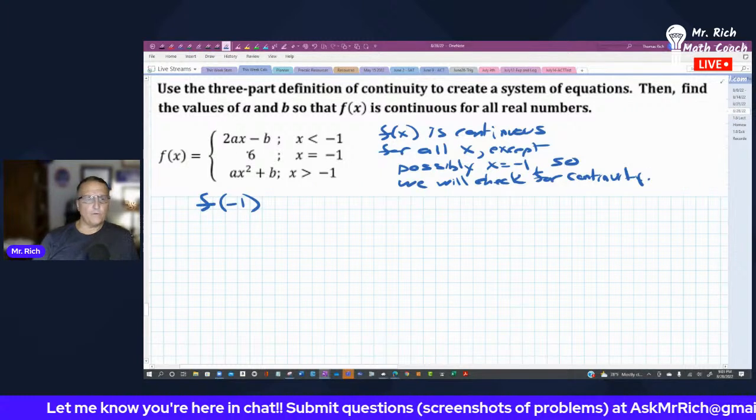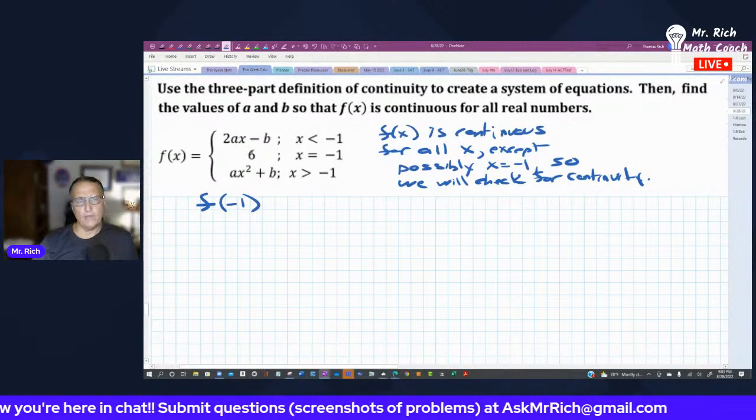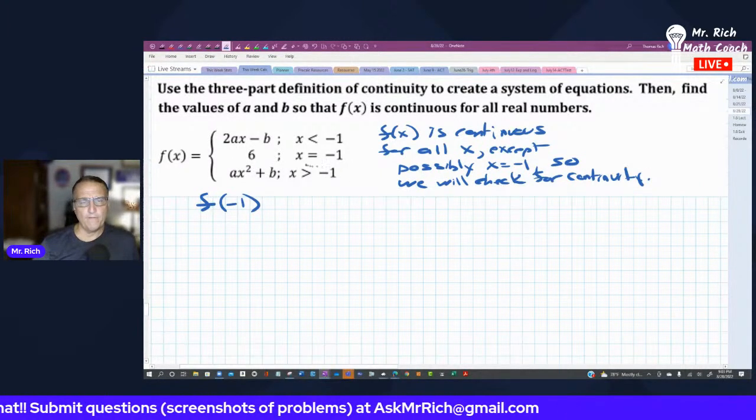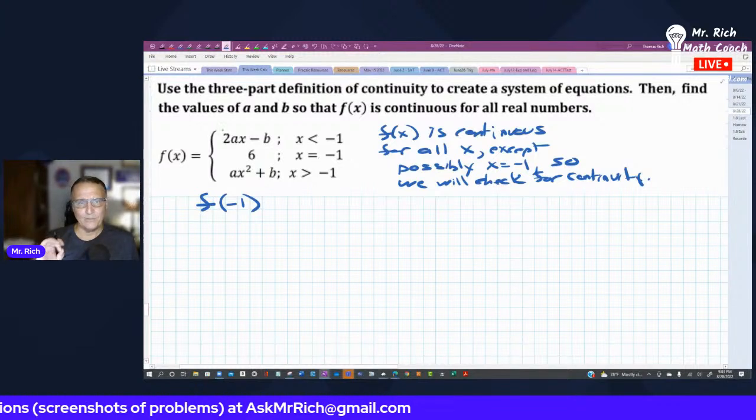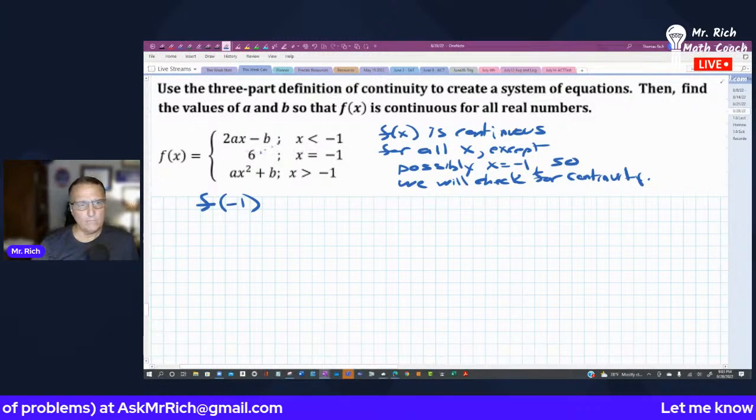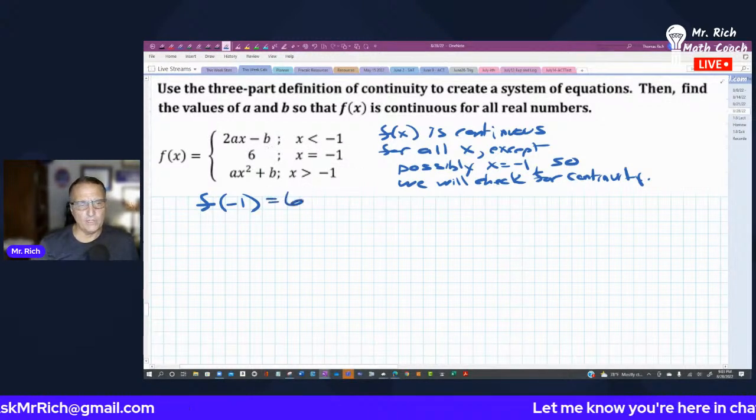The first step to checking for the continuity is say, okay, what's f of -1? What is my function when exactly x is equal to -1? Well, according to the piecewise function, it's equal to 6.